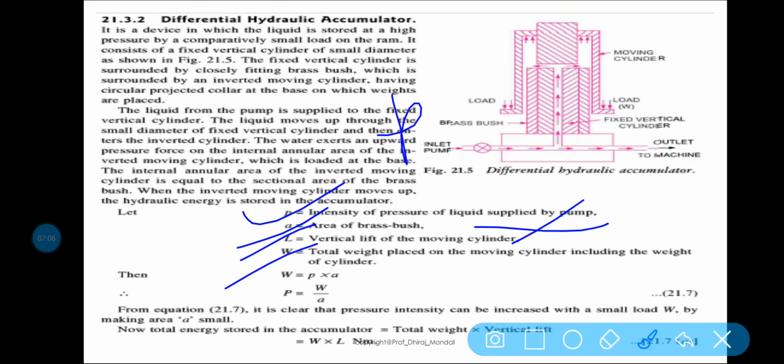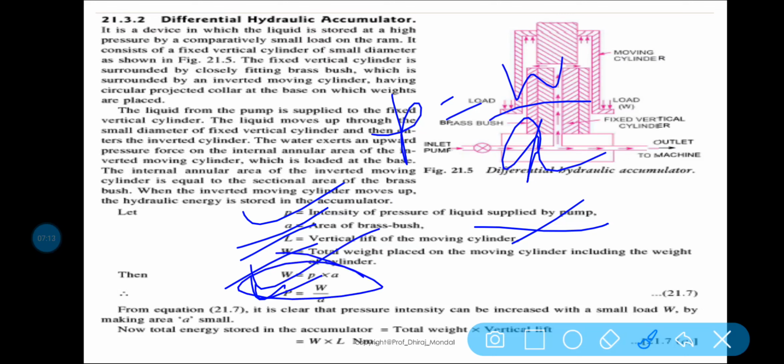Now we know that p is equal to W by A. So W is equal to p into A. So p is equal to weight by area. Now what we need to find out? Basically, total energy stored in the accumulator is equal to total weight into vertical lift, isn't it?